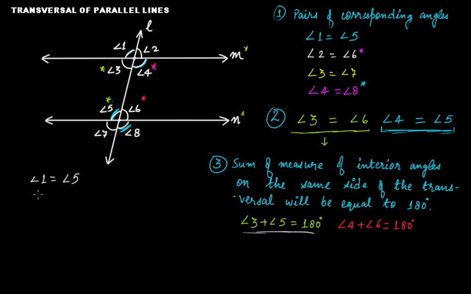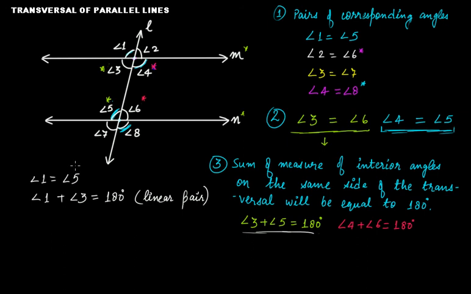Therefore, angle 1 plus angle 3 will be equal to 180 degrees. Reason? They are a linear pair. So angle 1 plus angle 3 is 180 degrees.